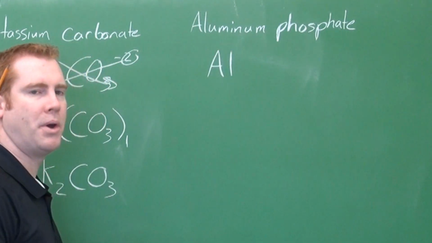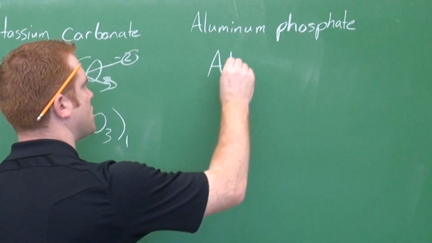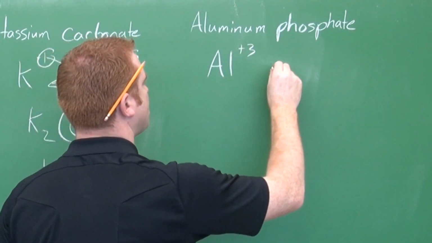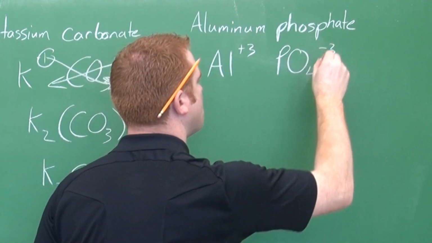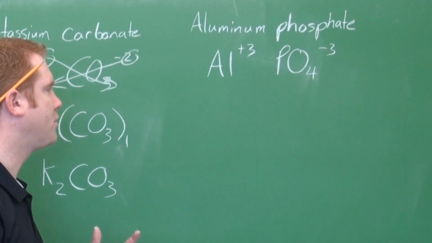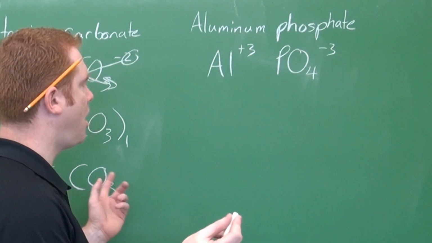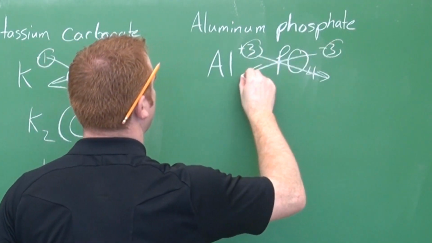Last one, let's take a look at this, aluminum phosphate. Al, I look at my periodic table, aluminum, 3 valence electrons, therefore its charge is going to be +3. Phosphate, PO4, the charge is -3. Got that again from my list. And you'll always have that list, so you don't have to worry about memorizing these. Now, I'm going to crisscross. 3 comes down, the 3 comes down.